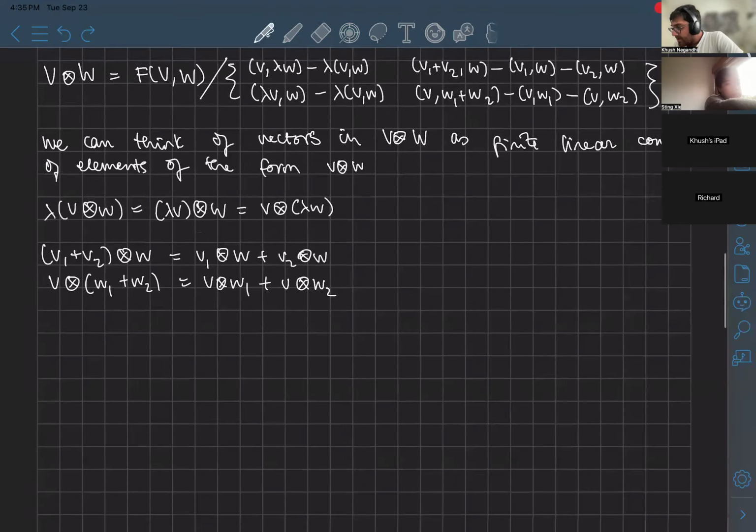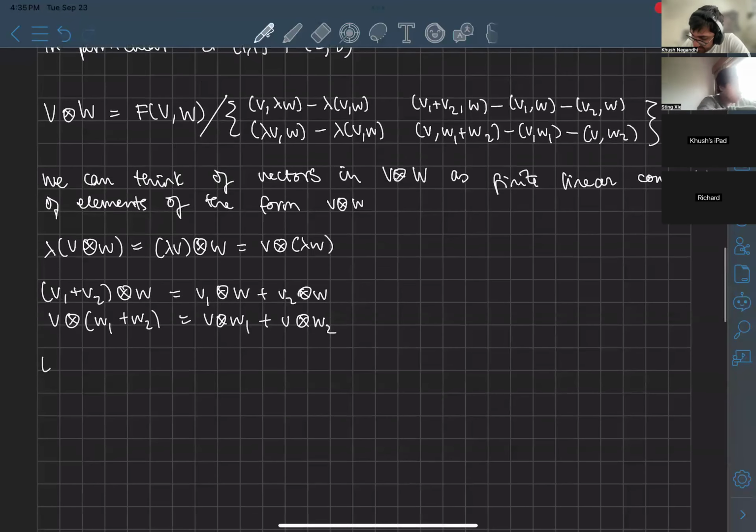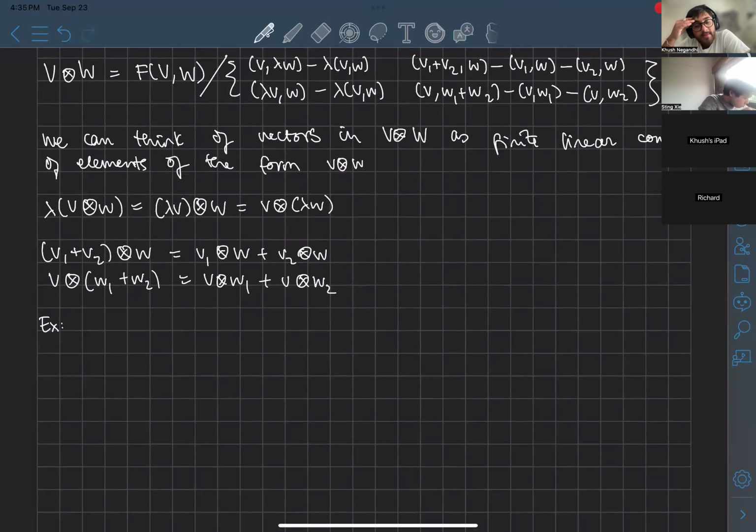Now let's do some examples. If you've done quantum mechanics, you know that if you have a multi-particle system, a general state is a tensor product of states.